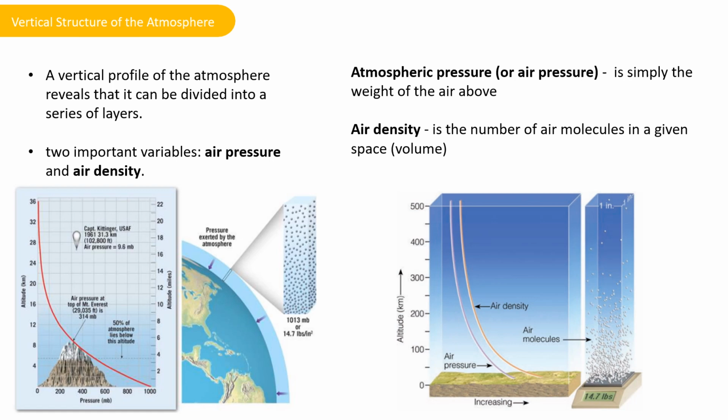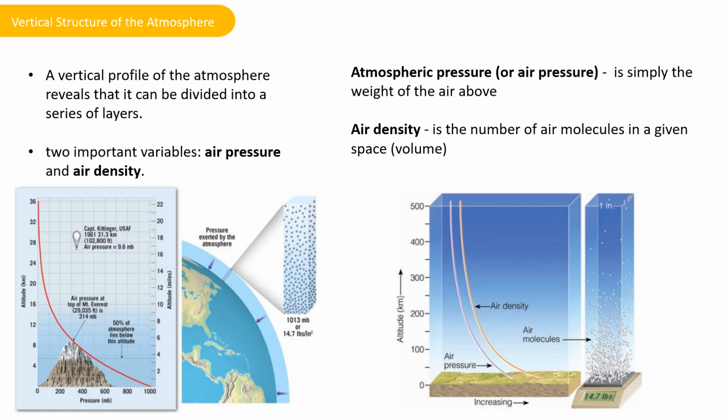As you can see in this second figure, both air pressure and air density decrease with height. As the altitude increases, in the y-axis, it's the altitude in kilometers on the left side.